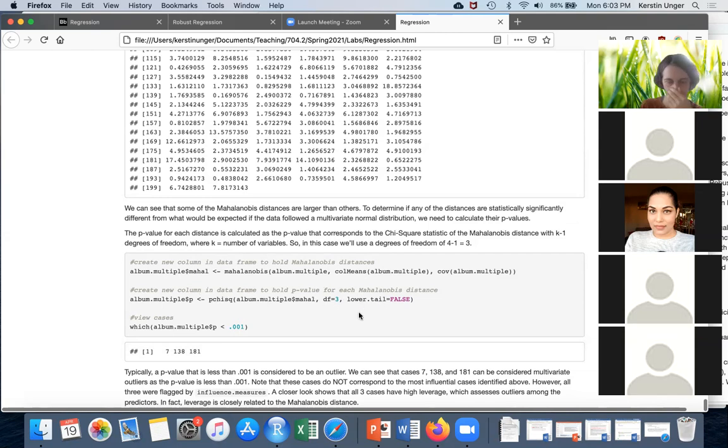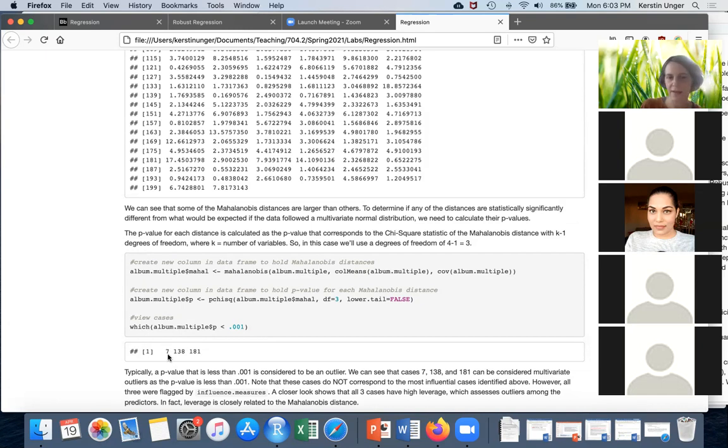It's always the number of variables minus 1. The lower tail is false here. So we are checking which case has a distance with a p-value smaller than 0.001, which is a pretty common threshold to use.